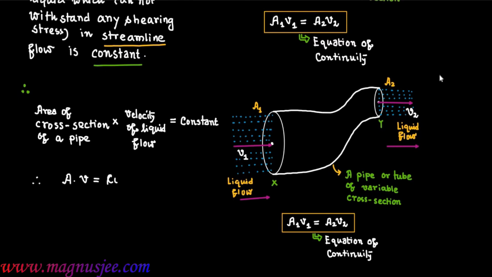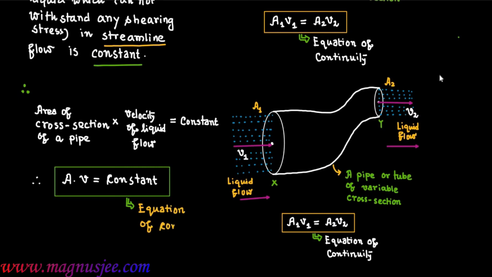Therefore, A dot V equal constant. A is the area of cross section of any portion of the pipe. V is the velocity of liquid flow. A dot V equal constant, which is known as equation of continuity.